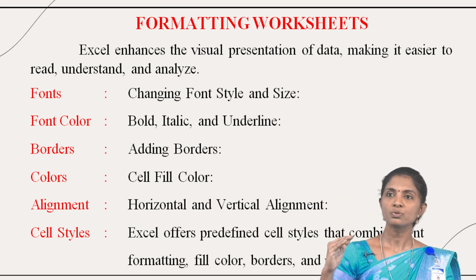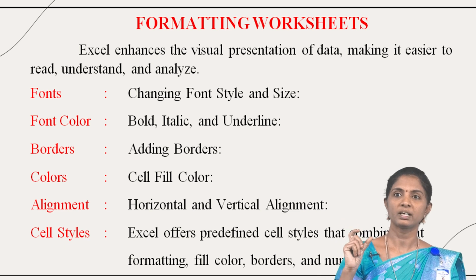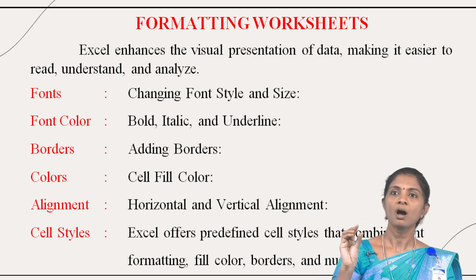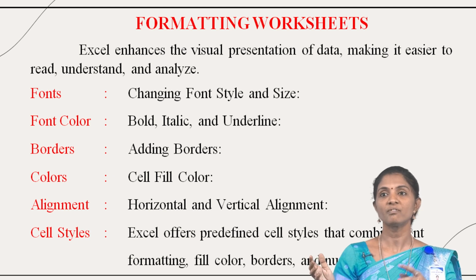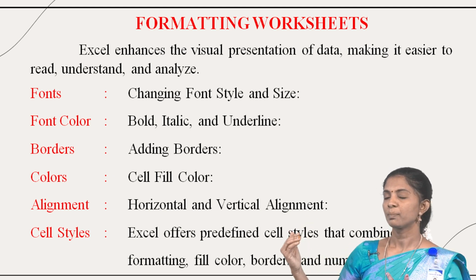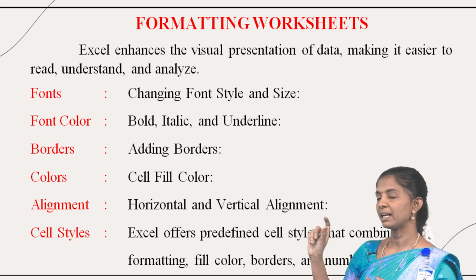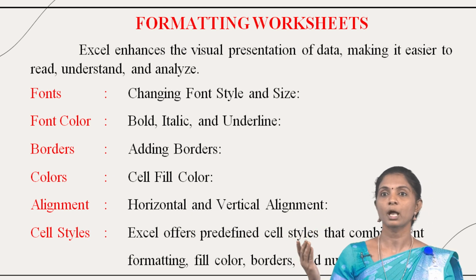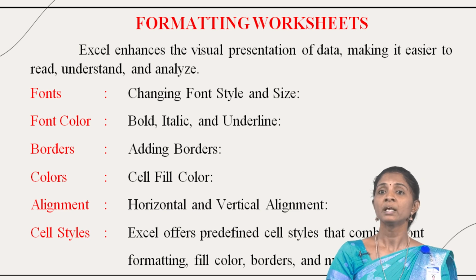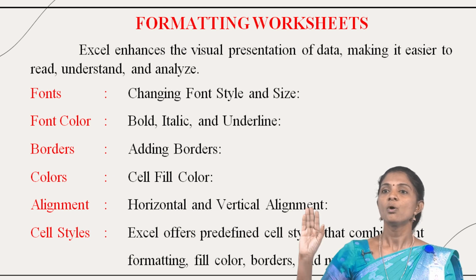Also, the user can change the color of the text to highlight important data or differentiate between various types of information. Next formatting tool is bold, italic, underline. These options can be applied to emphasize certain text or data and can be found in the Font group on the Home tab.